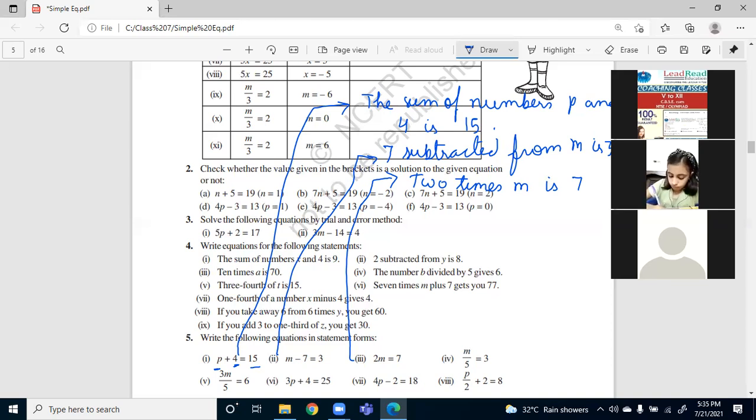Ma'am, the answer of fourth will be 1/5 of M is 3. Yes, we can write it like 1/5 of M is 3.